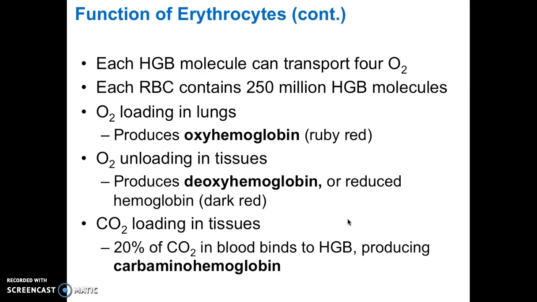When oxygen is unloaded into the tissues, it produces deoxyhemoglobin, or reduced hemoglobin, which has a dark red color. Carbon dioxide can then be loaded onto the hemoglobin when it's in the tissues. Only 20% of the carbon dioxide in our blood is bound to hemoglobin, and it produces carbaminohemoglobin.